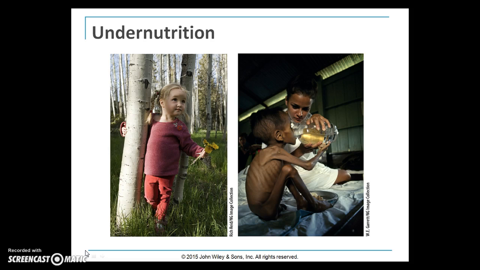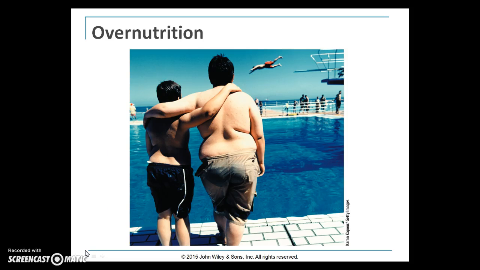Mild nutrient deficiencies like hers may go unnoticed because the symptoms are either not immediately apparent or non-specific. Two common non-specific symptoms of iron depletion are fatigue and decreased ability to fight infection. So what we see with undernutrition is those nutrient deficiencies may be mild enough not to cause any obvious symptoms, or they may be severe enough to cause debilitating illness and death.